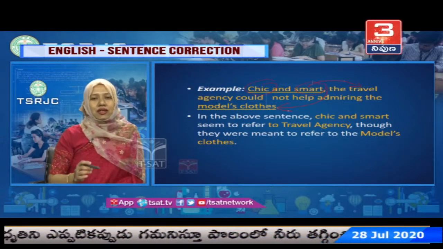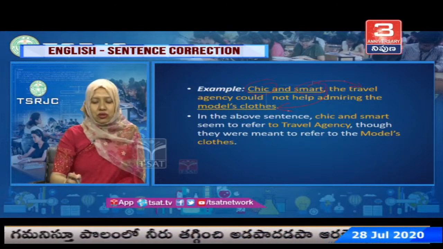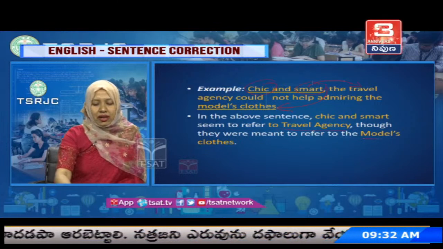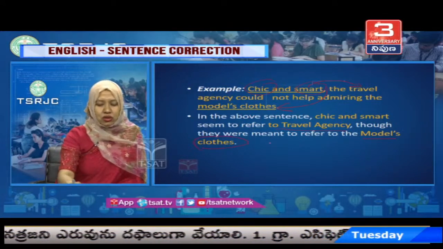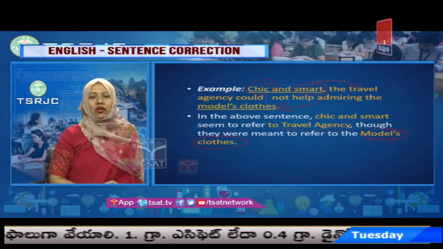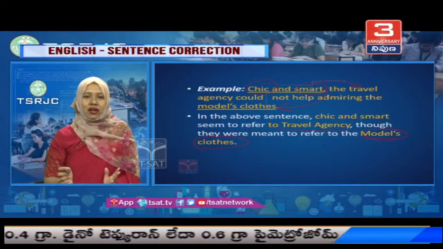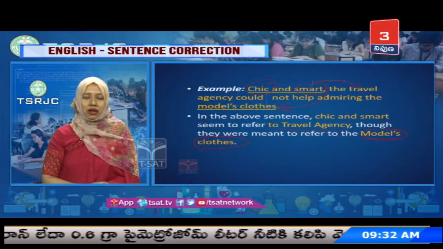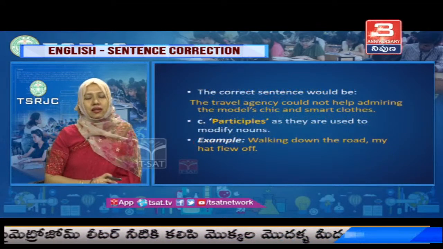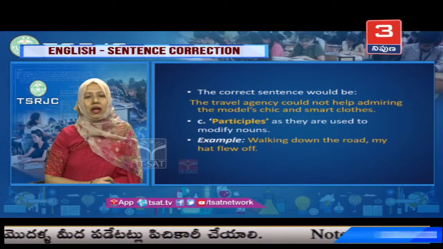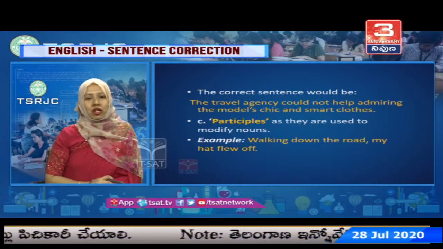So, in the above sentence, chic and smart seems to refer to travel agency, but it refers to model's clothes. We are talking about the clothes which models wear. They are very chic and smart. So, the correct sentence would be, the travel agency could not help admiring the model's chic and smart clothes.